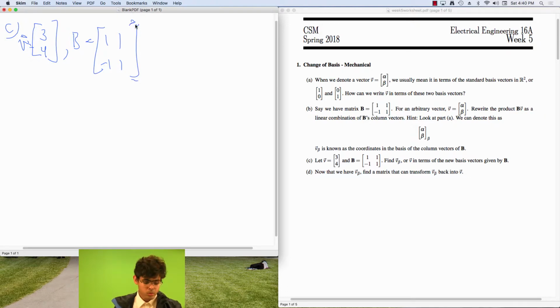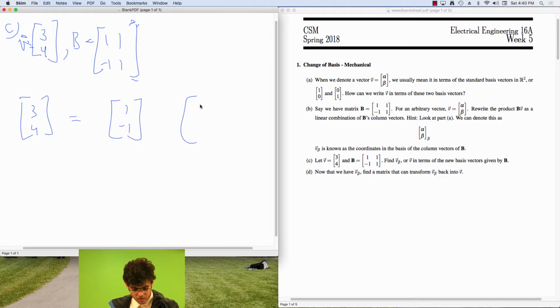Now, what we could do would be to do what we always do and just write 3 and 4 as a linear combination of these two vectors. But let's think in more detail about exactly what we are doing here. We're going to find some coefficients, alpha and beta, such that alpha multiplied by the first vector plus beta multiplied by the second vector should give us the vector 3, 4 that we want, right?